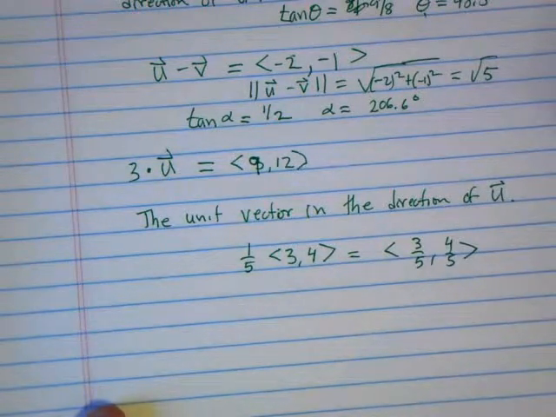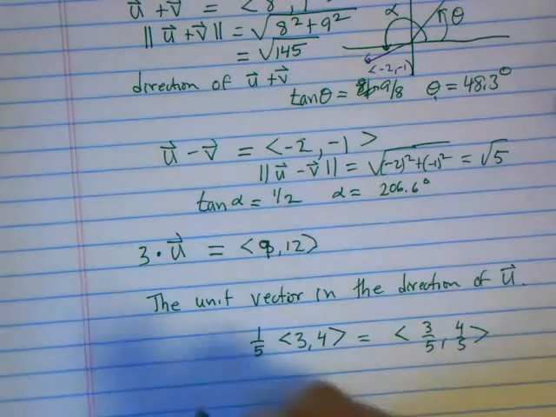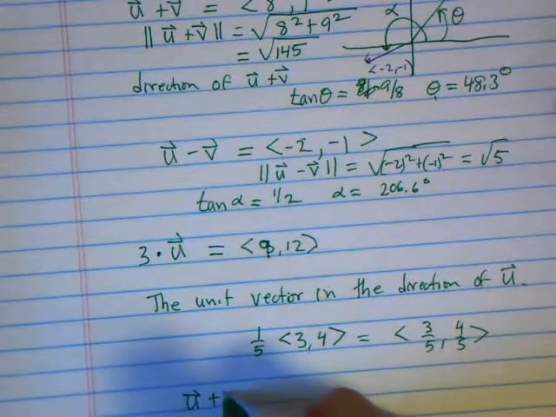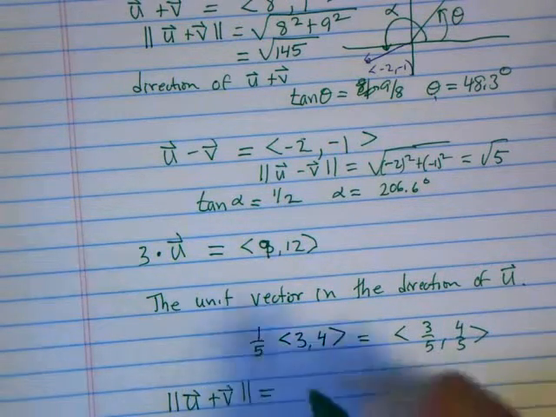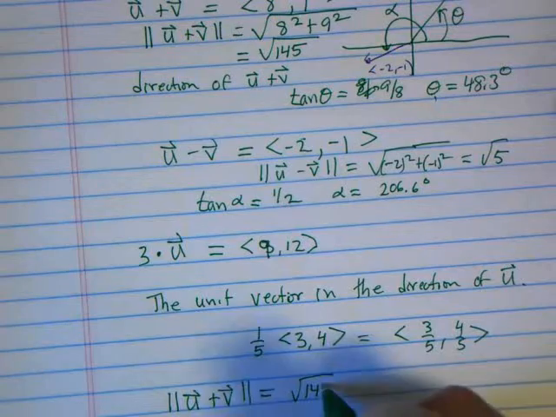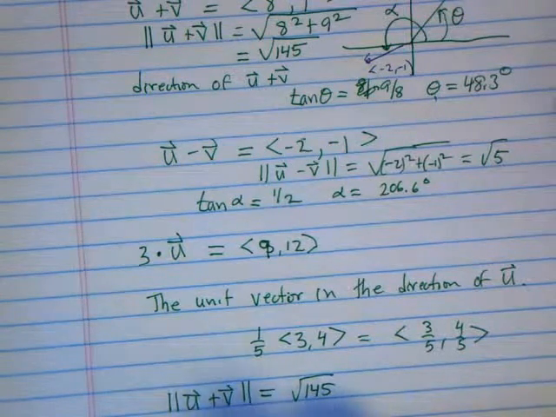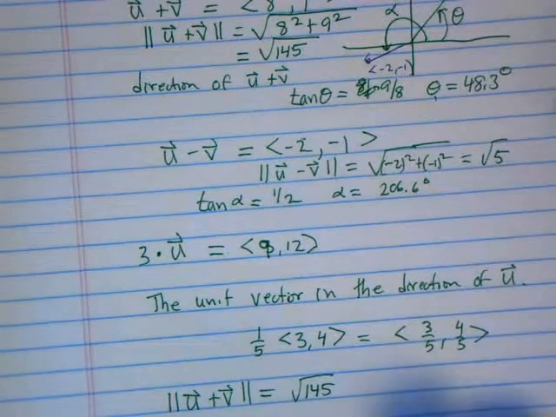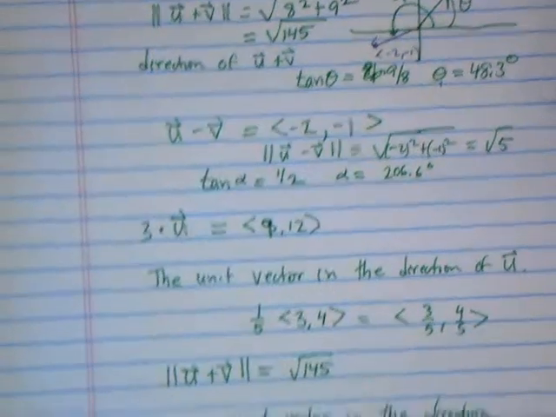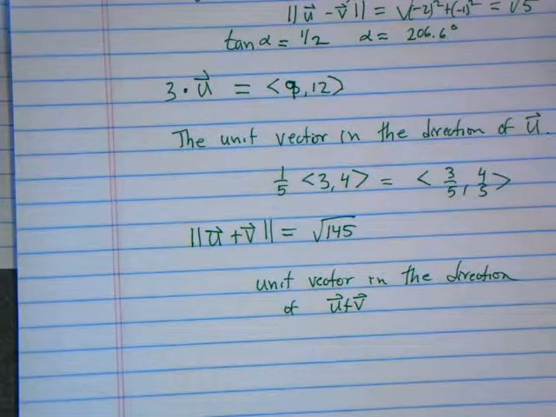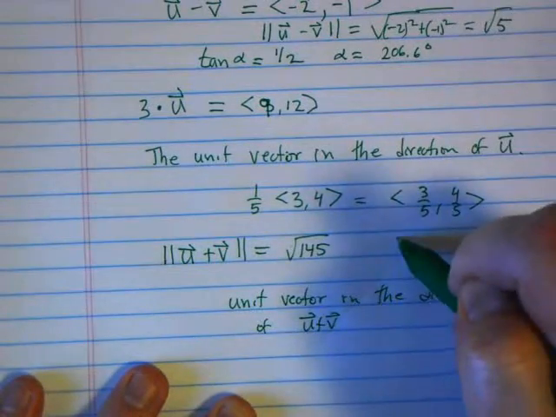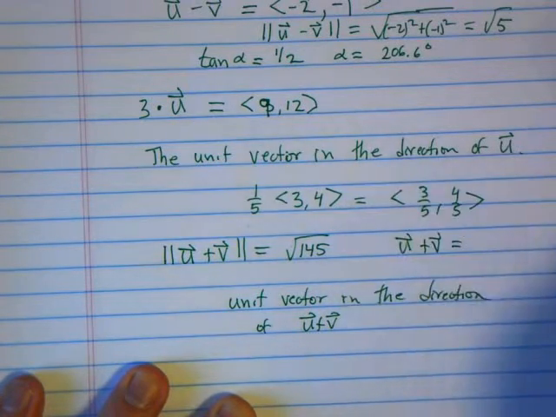What about this vector u plus v that we had up above? A minute ago we found that the length of u plus v was square root of 145. What if I asked you to find a unit vector in the direction of u plus v? I'll write it down here so we can see it. U plus v turned out to be 8, 9.